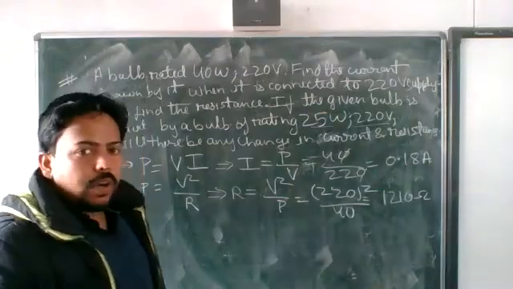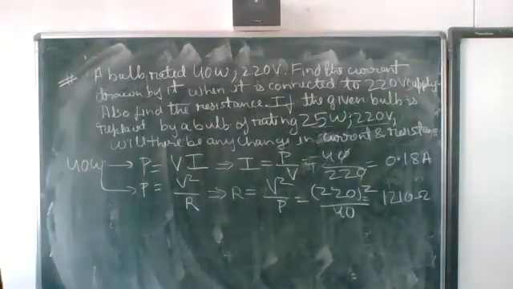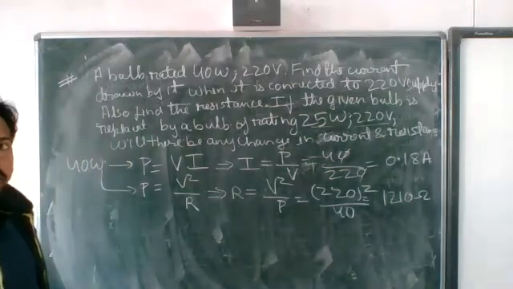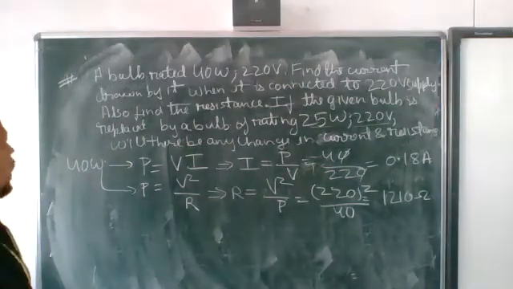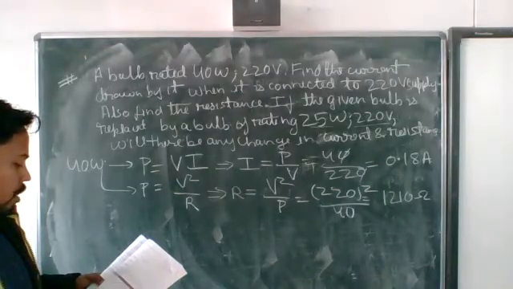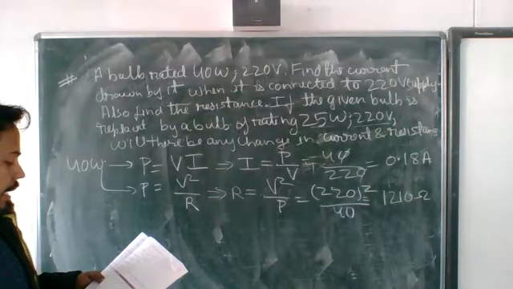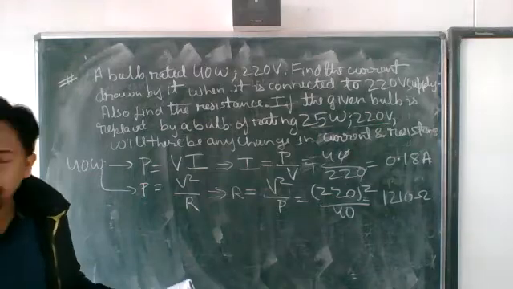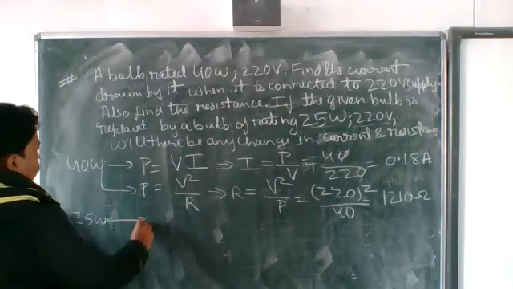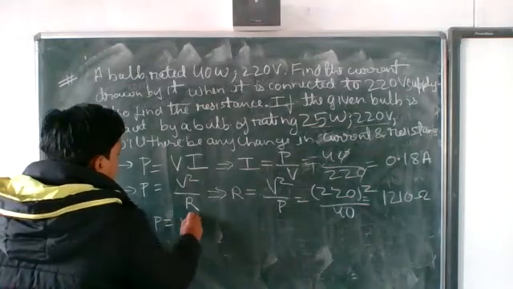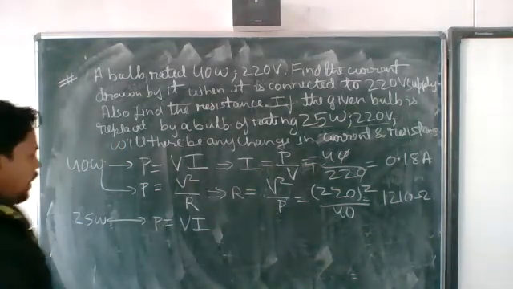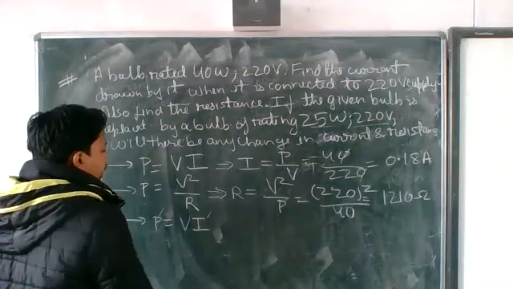After knowing the value of I and the value of R, what is the next step? We have to replace that bulb with another bulb, which is of 25 watts and operating at the same voltage. Will there be any change in the current and resistance? Yes, obviously there will be a change. For the second case, the power is again V into I. Let us represent this power by P dash and current by I dash.